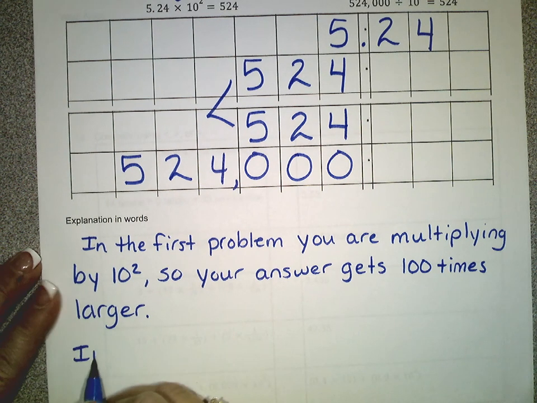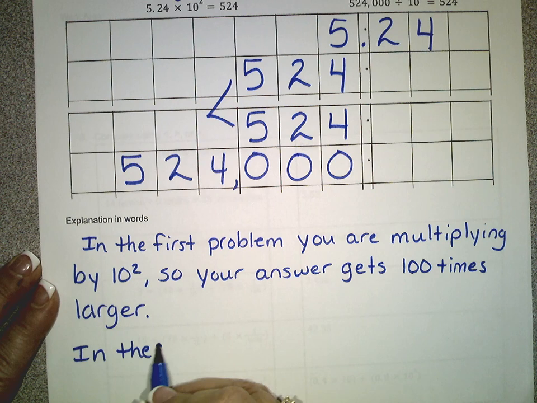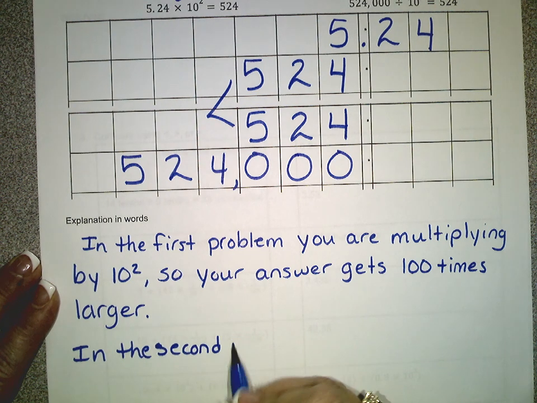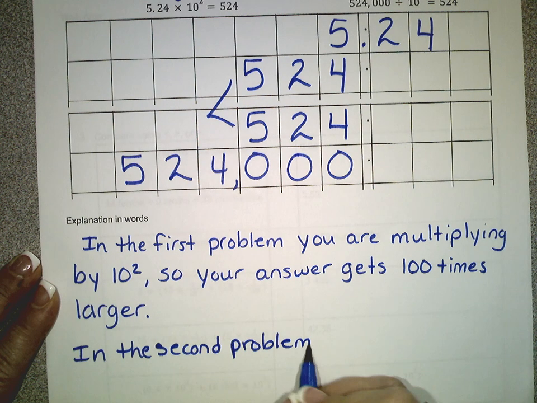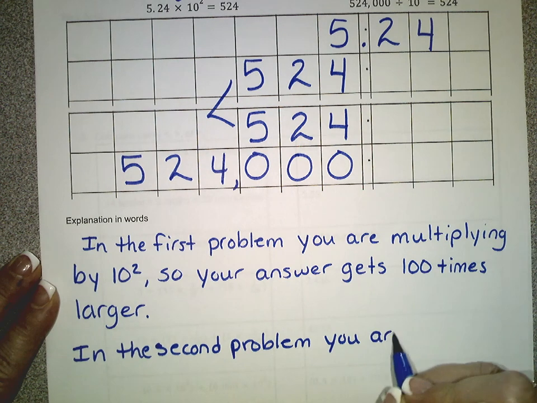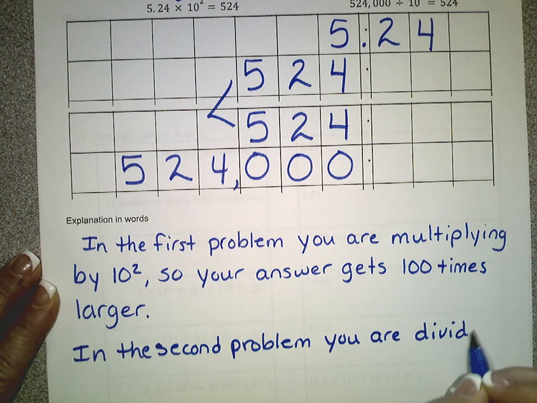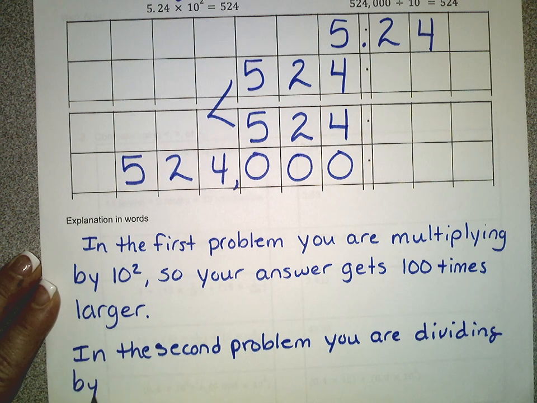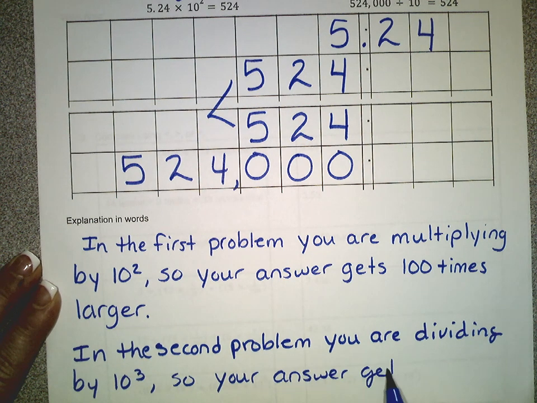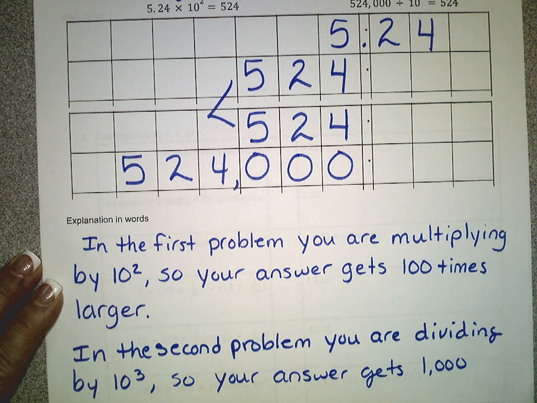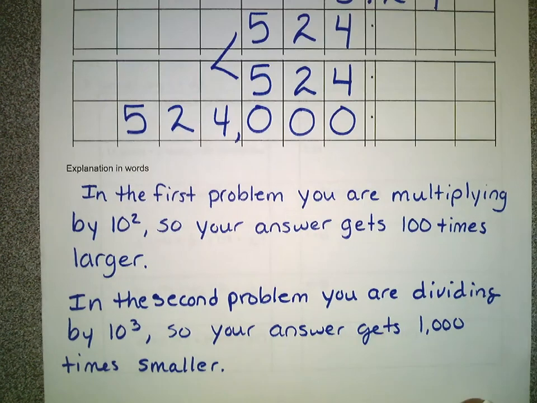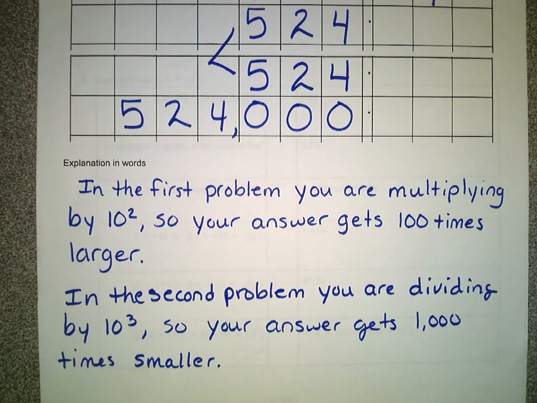And then in the second problem, you are dividing by 10 to the third. So your answer gets 1,000 times smaller. So that would be your answer for that problem.